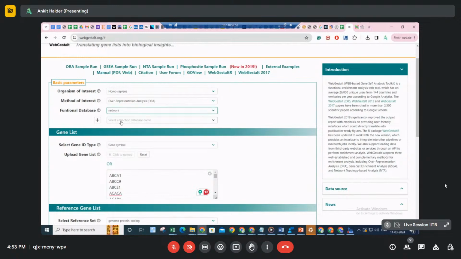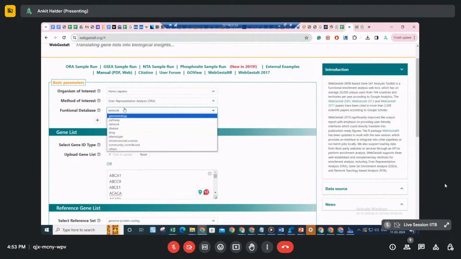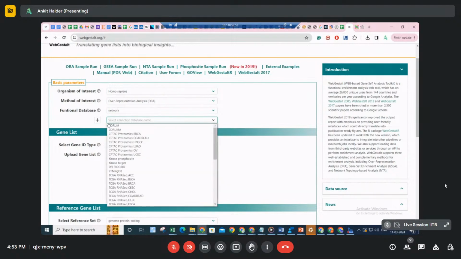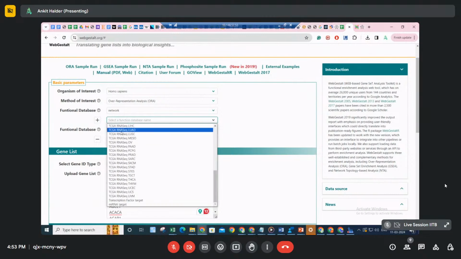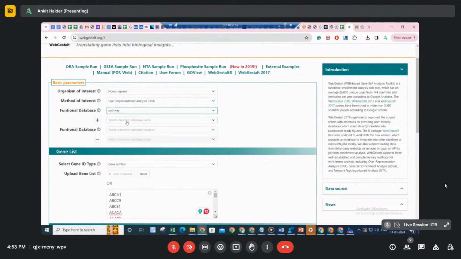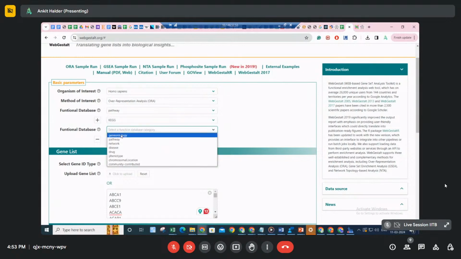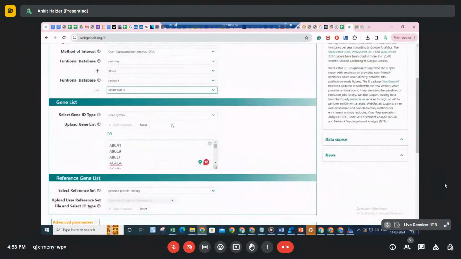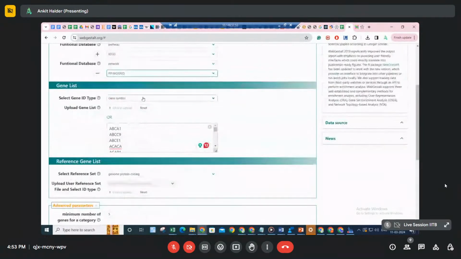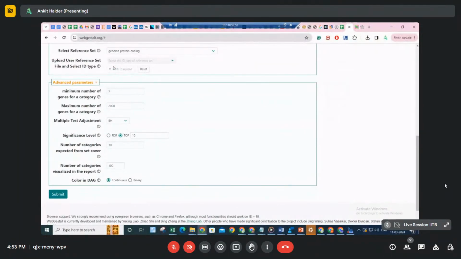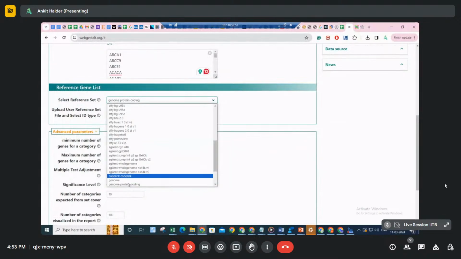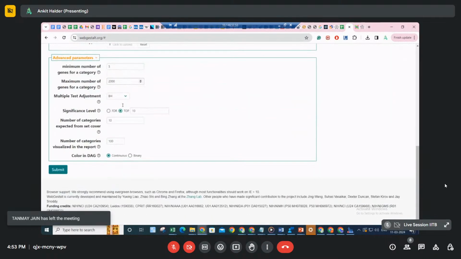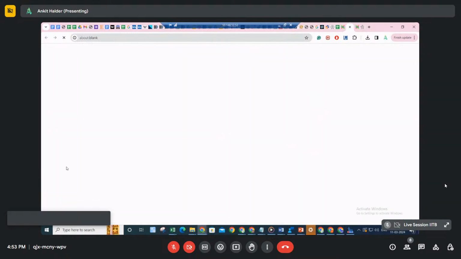We will try with the network. So we will go with the pathway, and we will keep the reference as the genome protein coding, and we will keep all these things as default, and top 10 significance level.